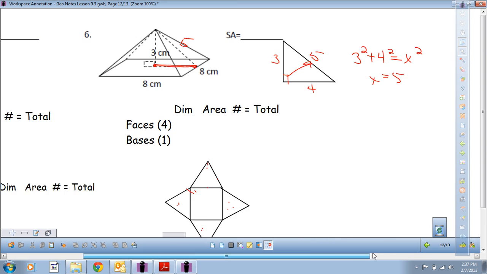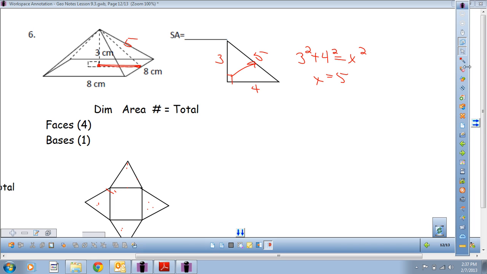So there's my little throwing star, and again, the base on this guy would be 8 by 8. That would be this guy. So you can start thinking that, well, that base area is 64. Now these triangles have a base of 8, but what's the height of those triangles? That's the slant height, the 5. Remember, once I lay this guy down, that height of the pyramid disappears.